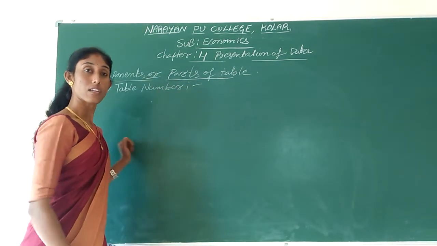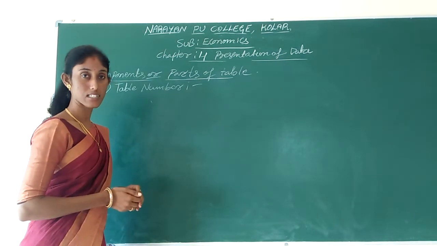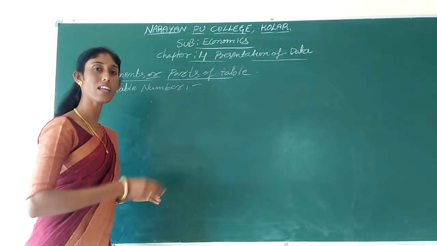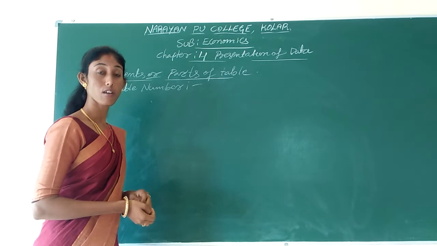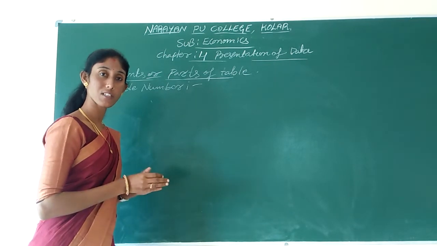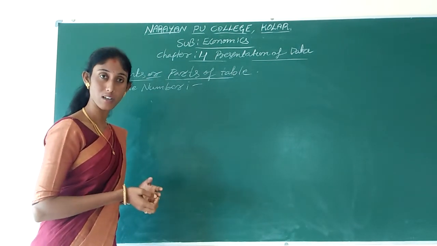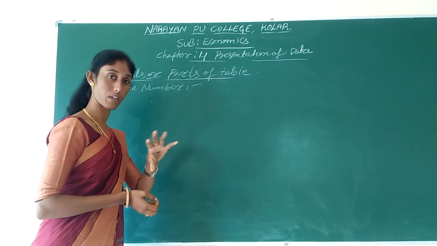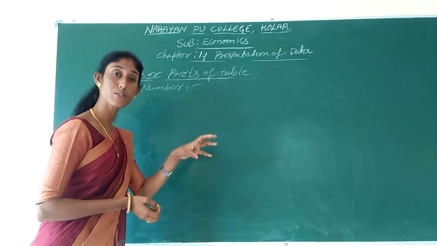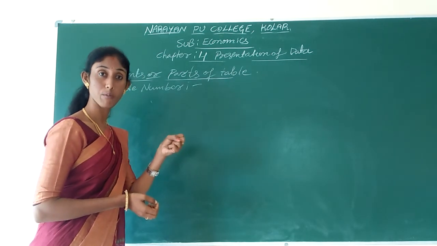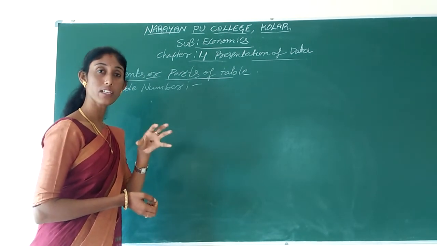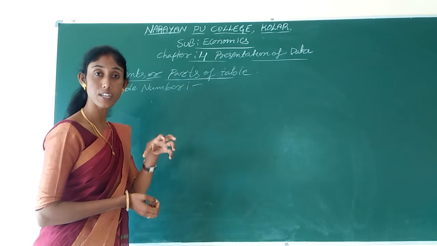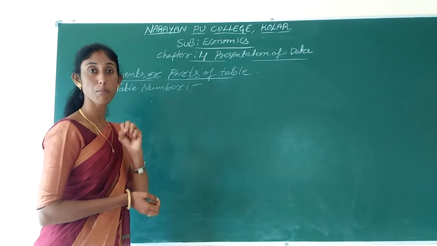In a particular statistical study we will sometimes have n number of tables, but which table is presenting what kind of data, and which table gives the information related to a particular data, all of this is needed for the easy identification of a table.